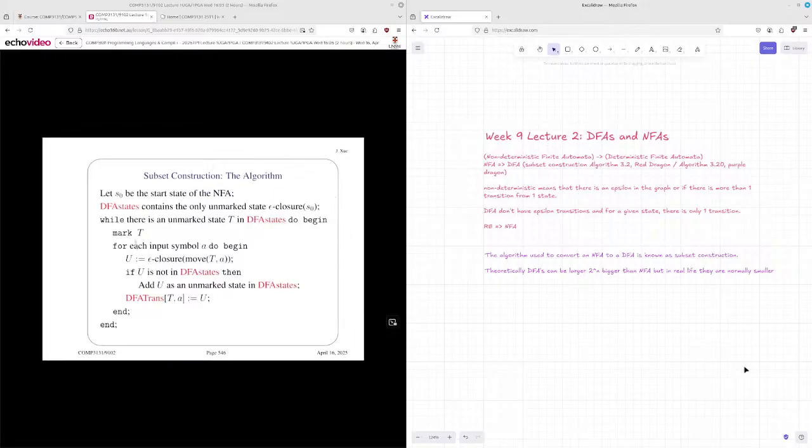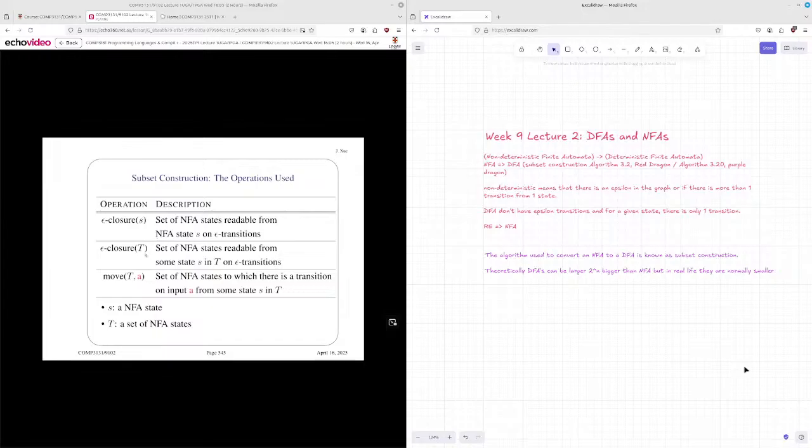Here is the same definition, except this is T, a set of states. So you start from a set of states, and it includes all the states you can reach on epsilon transitions.